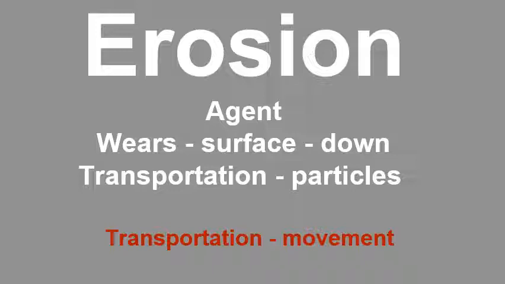So when we talk about particles, I'm talking about rocks, stone, sand. And the most important thing about erosion is actually that concept of movement. Let me elaborate a little bit further.